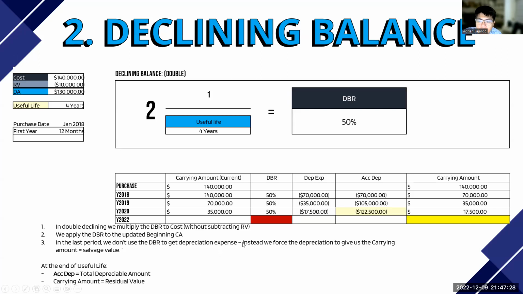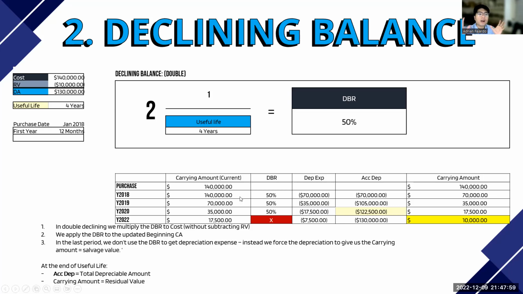And therefore, instead of applying 50% DBR, we want to force this to be 10,000. And therefore, 17,500 minus 10,000, you will get a depreciation expense of 7,500, which will, at the end, give you an ACDEP of 130,000, which looks familiar because that 130,000 is your depreciable amount. Yung 10,000 na ito is the residual value of 10,000.